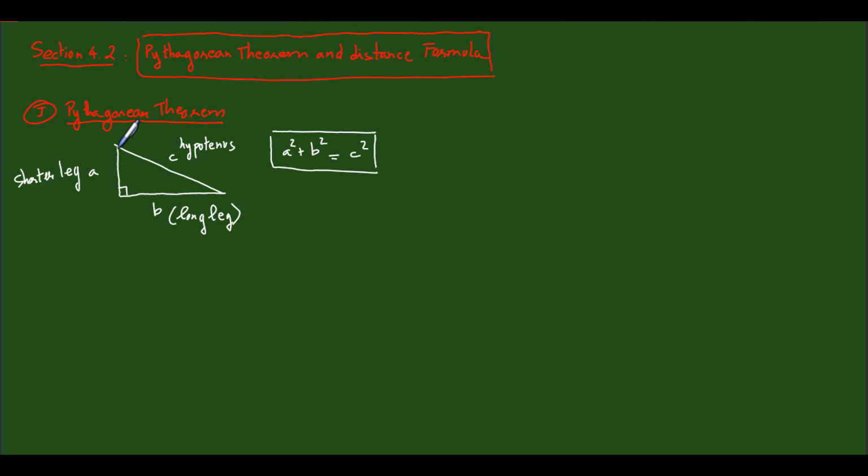Sometimes we call them the short side and the long side. And remember that this theorem only works for a right triangle. So if you have any other angle that is not 90 degrees here, then you cannot apply this formula.